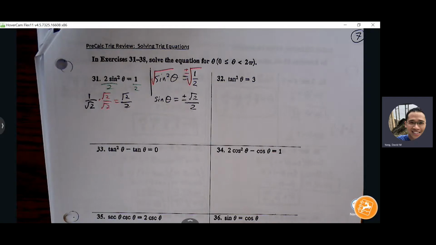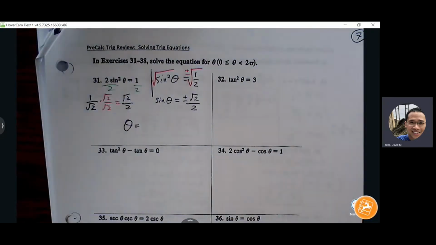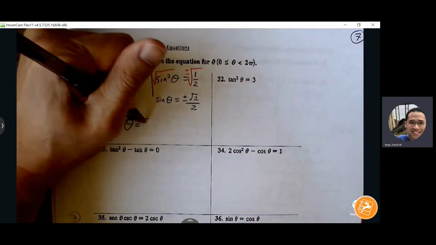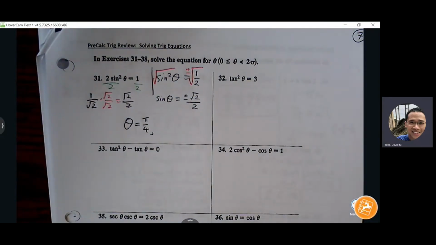All right, so where is sine equal to root 2 over 2? Yeah, all the angles over 4, right? So we list them out. You just basically have to add 1 to the numerator, but make sure that if it lands on the axis we don't include it.